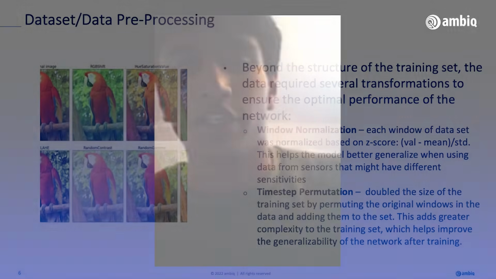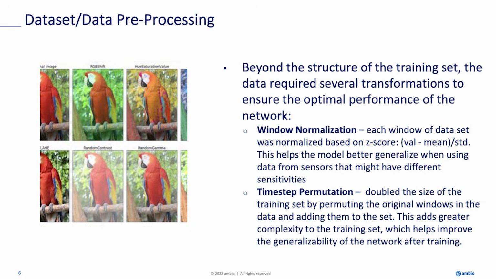A good way to digest data augmentation is the picture on the left, which is a picture of a parakeet. All 6 of those pictures are parakeets, but they have different levels of saturation. So it's basically just extra noise, and the model, if it's trained correctly, can see past that and do a better job of generalizing when applied to outside data.